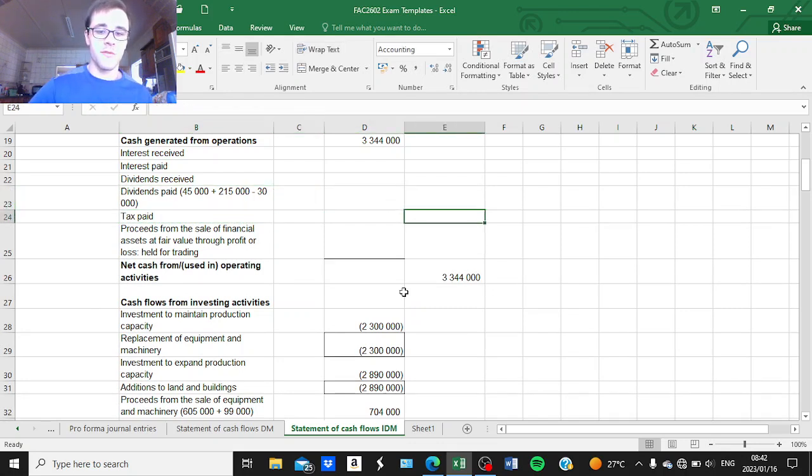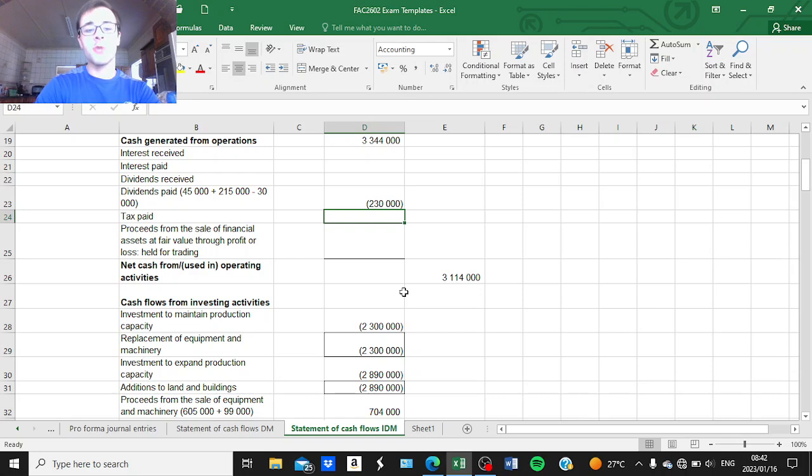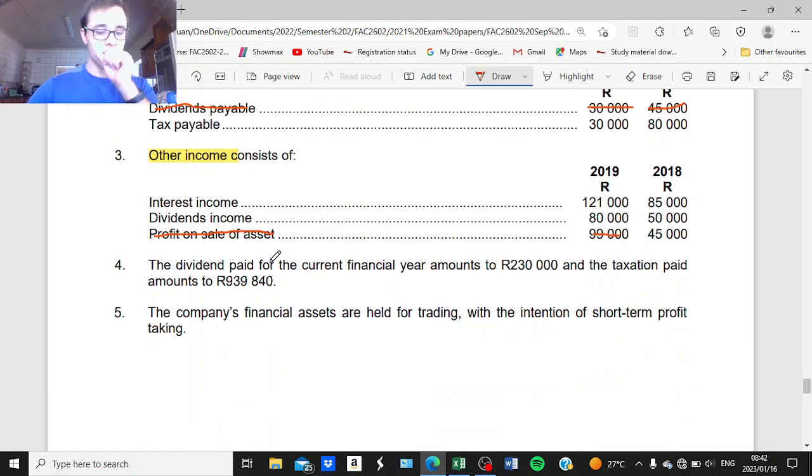And this will give you a total of 230,000, which is shown as an outflow. So in respect of dividends, a total amount of 230,000 Rand has been paid in the current financial year. Right. So we are done with dividends payable.